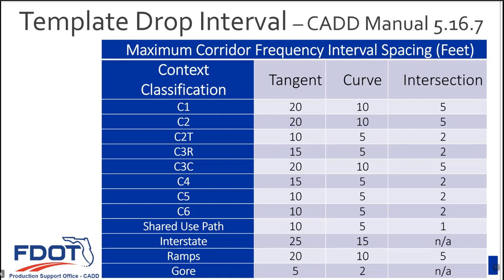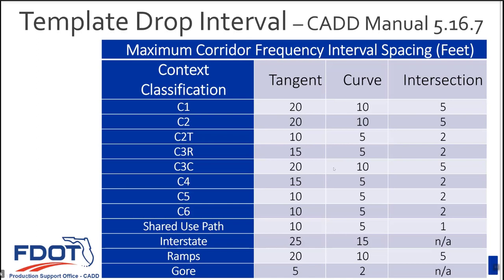The one thing that you see over here is there's a different one for tangent, a different one for curve, and a different one for intersection. Tangent and curve would be the ones usually for a corridor that you're concerned with. I would not worry a whole lot about the curve, because if you set your template drop interval when you build a corridor to the tangent value, there are options on the corridor feature definitions that will increase the interval for the curve.